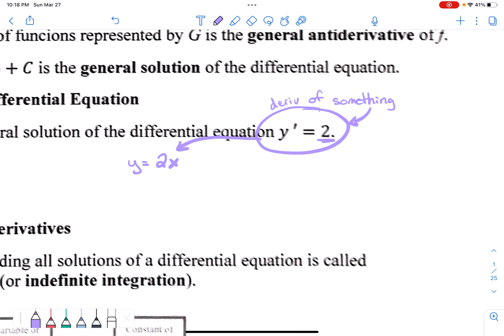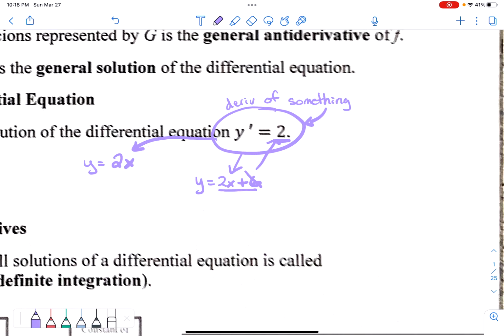And that's how I go back and forth. But the problem is that let's say instead of just saying y equals 2x, I had y equals 2x plus 6. Well, what's the derivative of y equals 2x plus 6? It's just going to be 2 because the 6 crosses out to become 0, right? Well, what happens if I had y equals 2x minus 17?